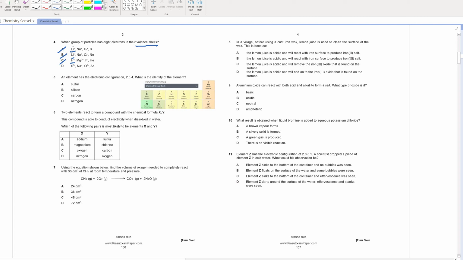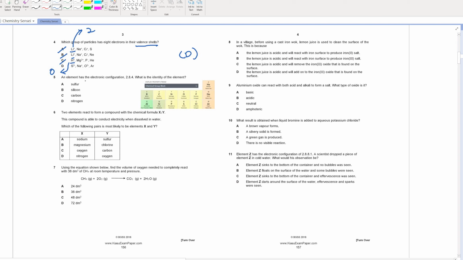For lithium ion, it has an electron configuration of 2. For hydrogen ion, it has no electrons, because a hydrogen atom has an electron configuration of 1, and once this is removed to form H+, there are no longer any electrons left. So the correct answer is option D.